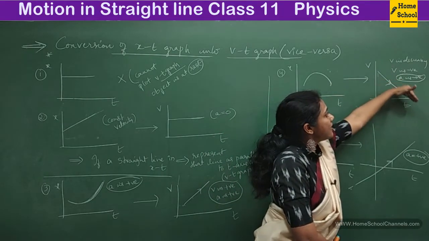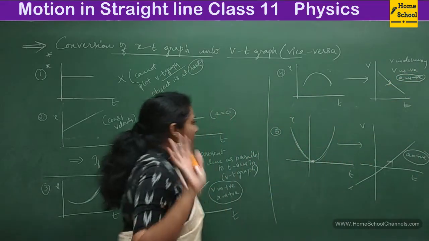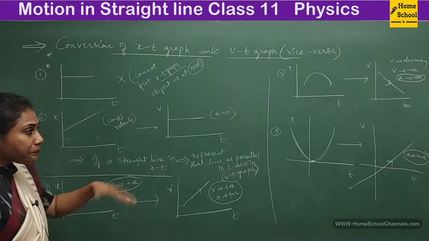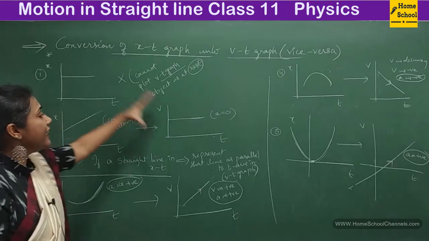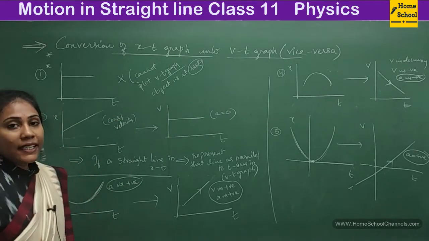Velocity must decrease, and A must be negative. So these are the fundamental ideas one must remember while converting an xt graph into a vt graph or a vt graph into an xt graph. This is a basic idea.